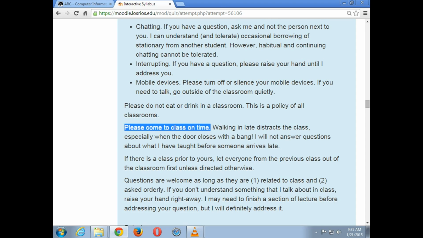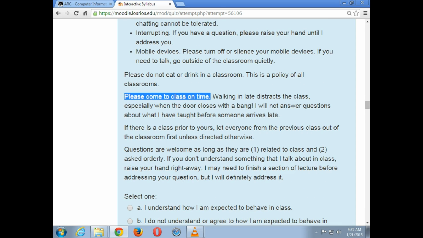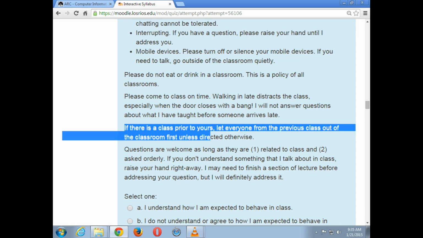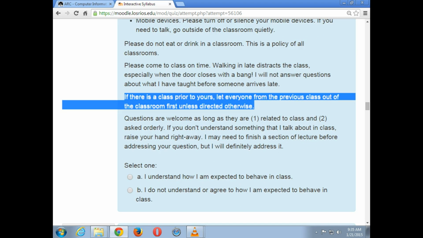You just gotta walk a little farther. Exactly, so you have to plan for it, right? Just have to plan for the extra time that you have to walk. Okay. If there is a class prior to this one, you want to let everybody out of the classroom first, because they have to get out eventually. Okay, so just let them out first before you come into this classroom.